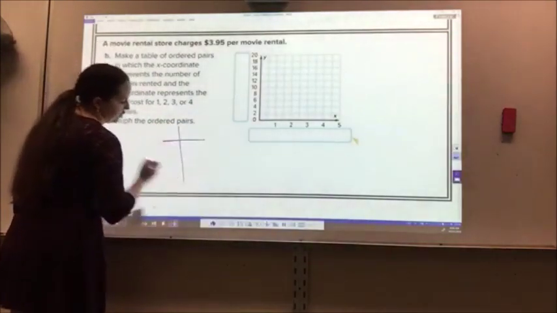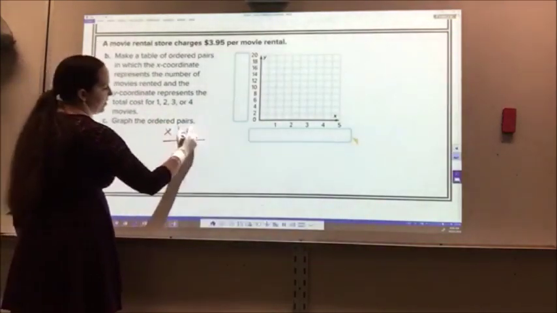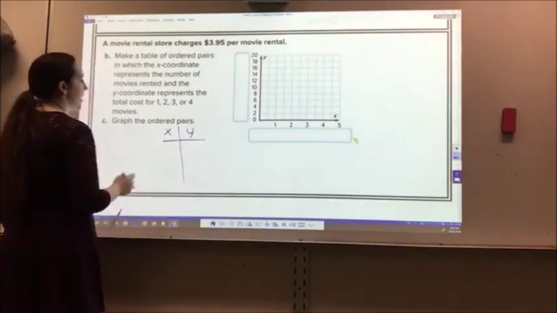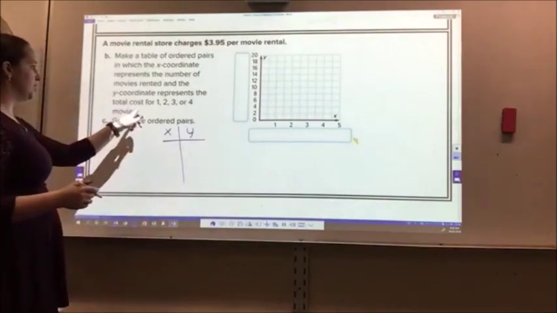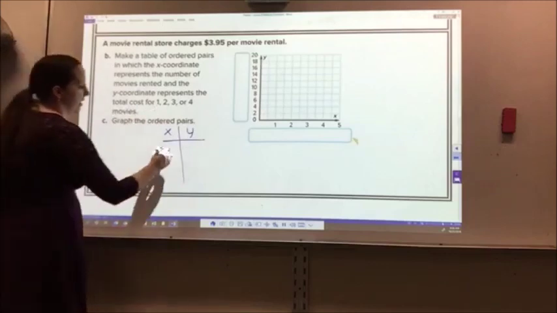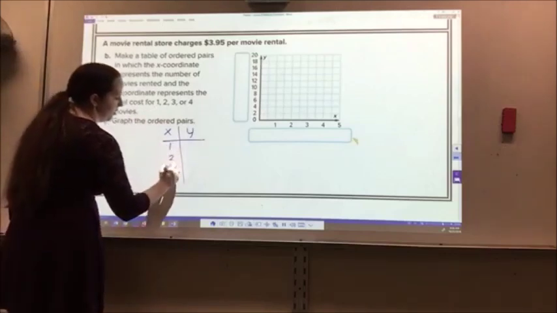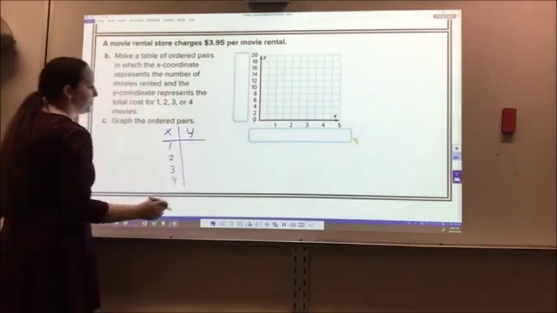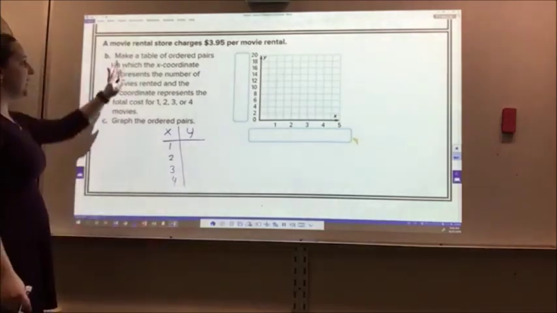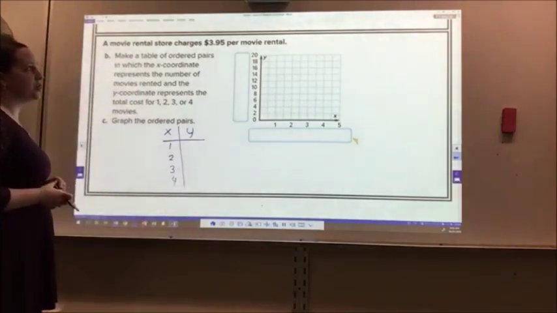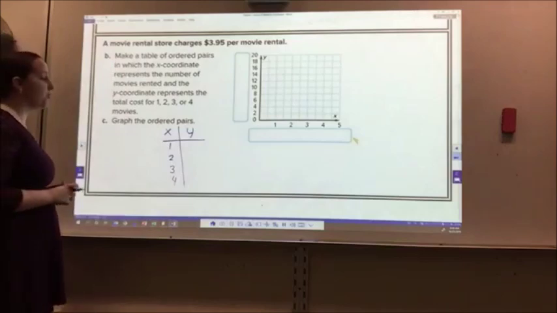Again, it's a simple T-chart. Here's my x values and my y values. Okay? My x values represent the number of movies, and they've already given me 1, 2, 3, and 4. In my original problem, it told me that they charged $3.95 per movie rental.